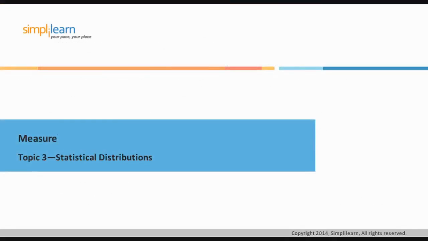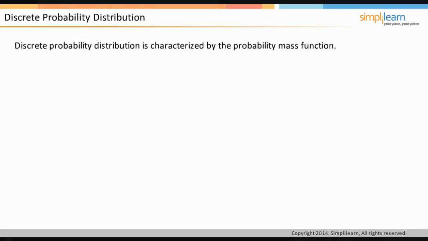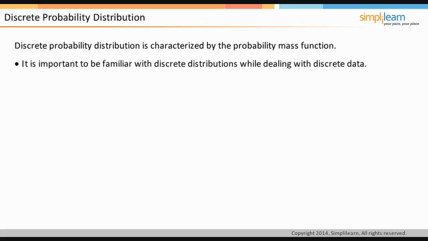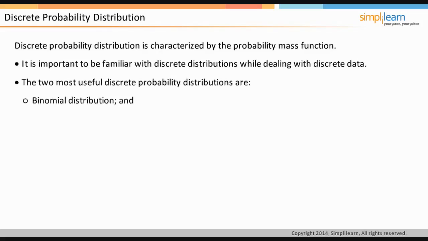In this topic, we will cover the concept of statistical distributions. Let us start with discrete probability distribution in the following screen. Discrete probability distribution is characterized by the probability mass function. It is important to be familiar with discrete distributions while dealing with discrete data. Some of the examples of discrete probability distribution are binomial distribution, Poisson distribution, negative binomial distribution, geometric distribution, and hypergeometric distribution.